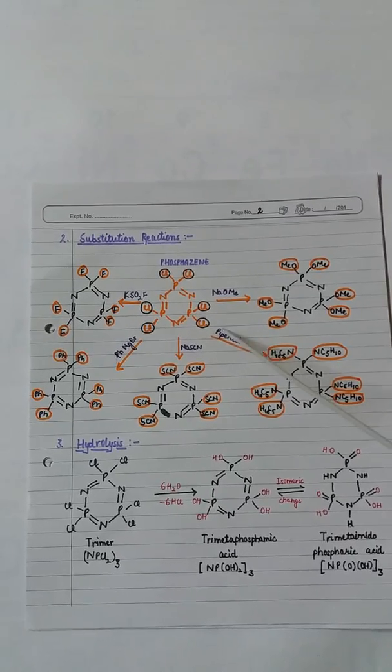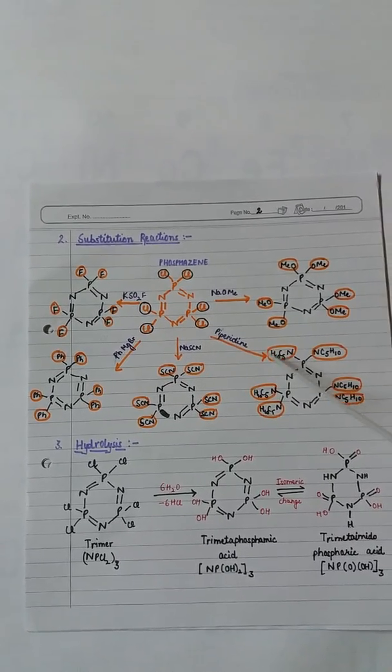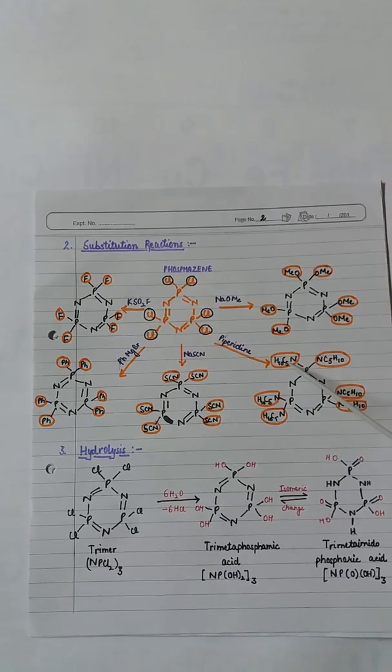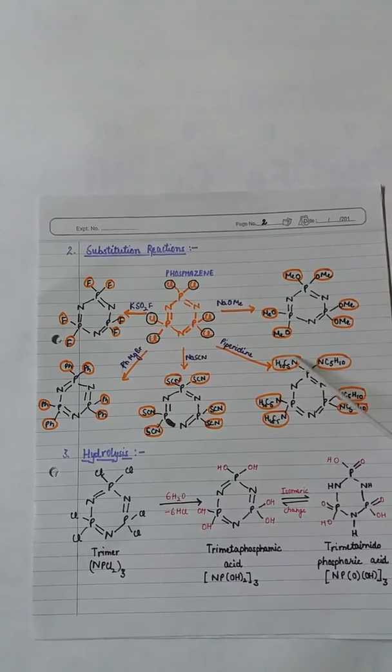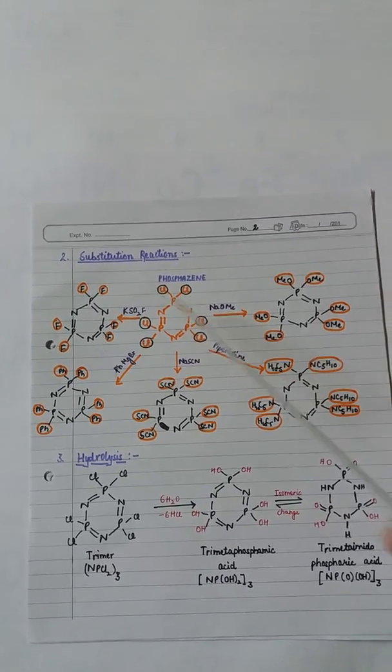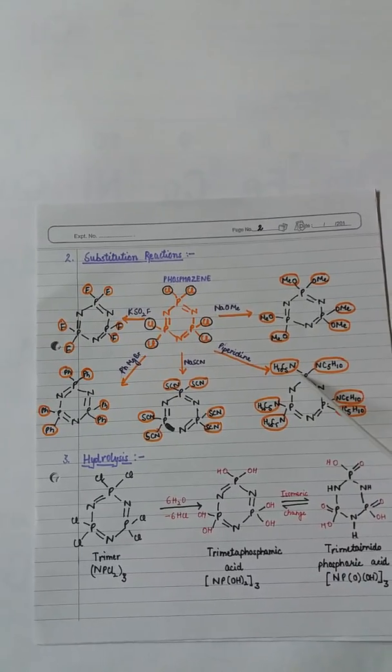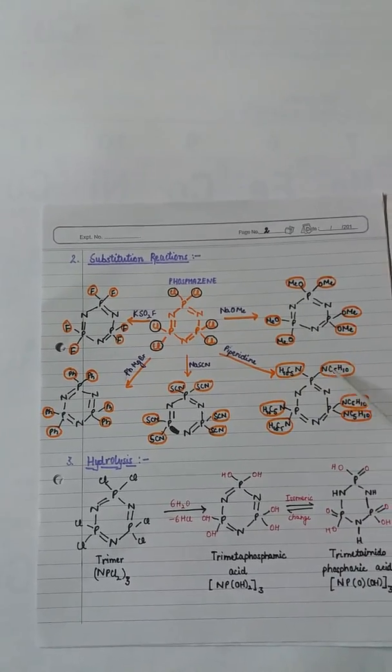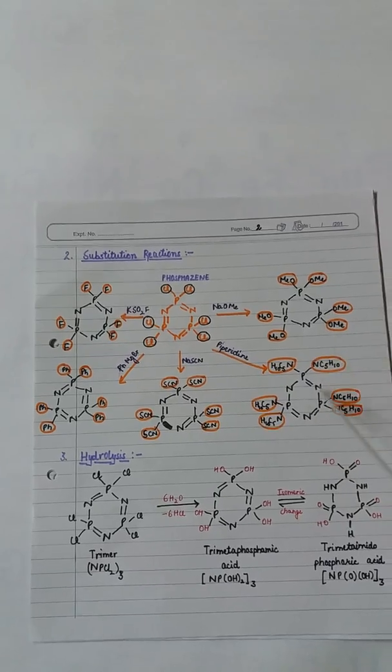So this is also a substitution reaction. Then using piperidine, the group C5H10N replaces the chlorine atoms and joins to phosphorus, and at all the positions the chlorines will be replaced and this group will be added.